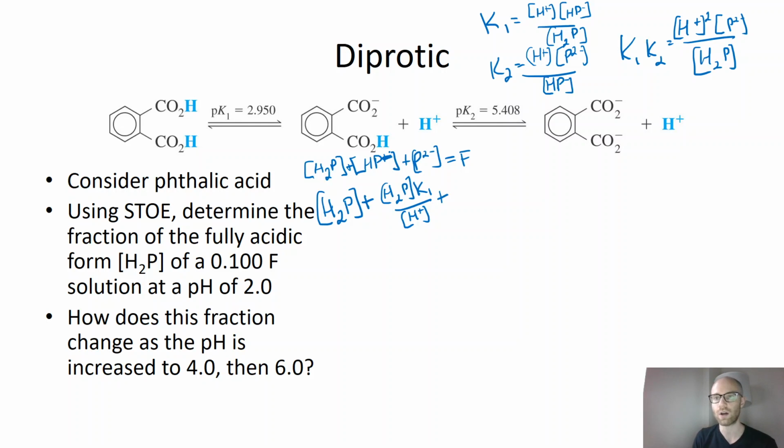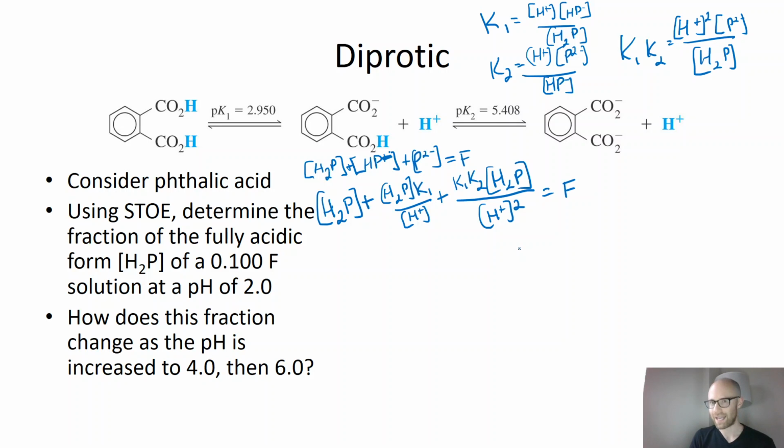So we're going to use our derived K1, K2 expression, which should give us K1, K2, H2P over H plus squared, and that equals F.